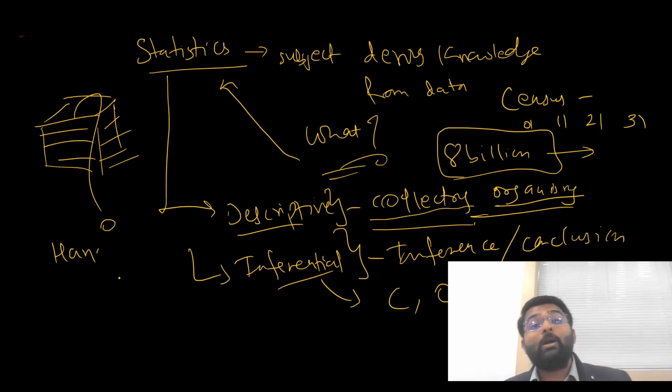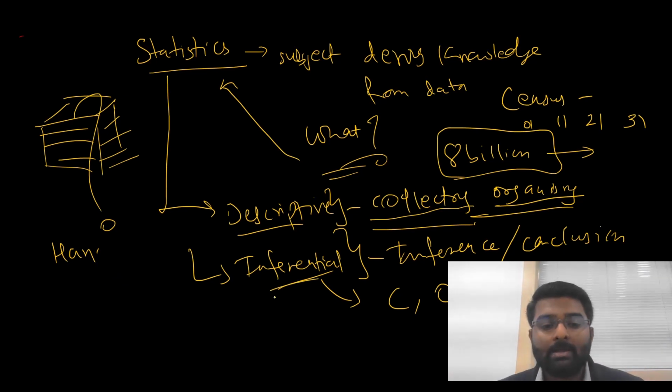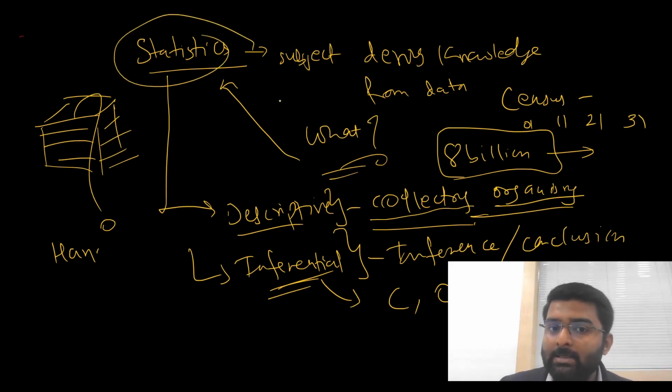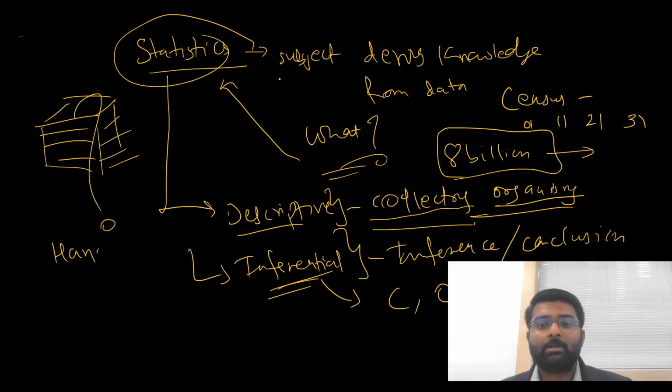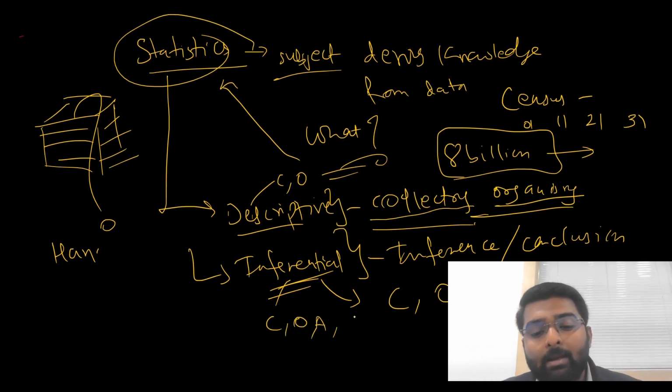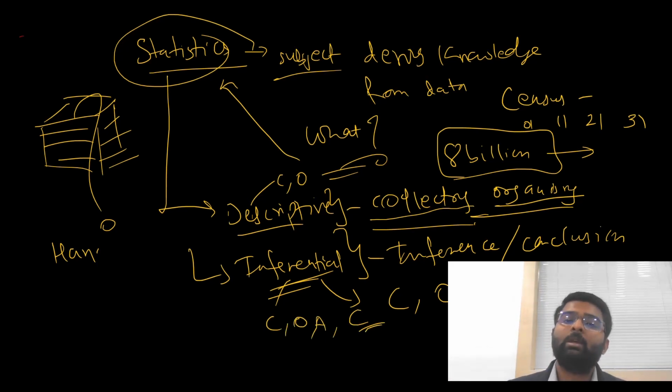So how do I land up on that conclusion is with the help of inferential analytics. Again, we need statistical analysis, we need statistics as a subject to derive the knowledge from the data. Then we divide it into descriptive analytics and inferential analytics. In descriptive, I have collected the data, I organized the data. In inferential, I collected, I organized, I analyzed, and I landed up on a conclusion.